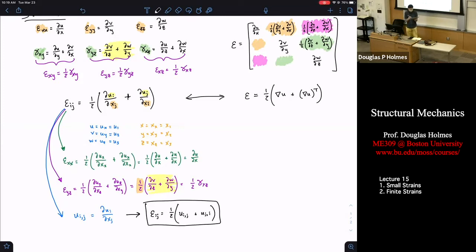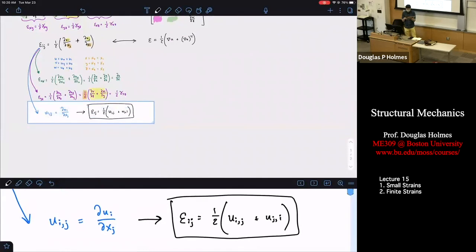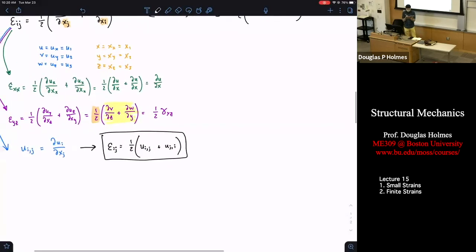Normal strains are when i is equal to j, and your shearing strains are when i is not equal to j.